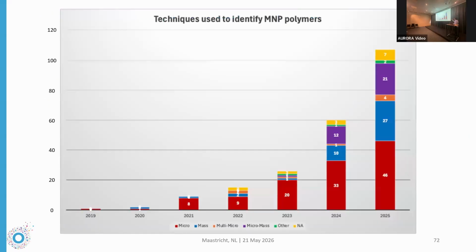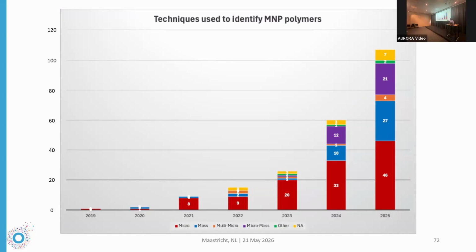And here I summarize the most commonly used techniques in human empirical studies published by the end of 2025 about assessing micro nanoplastics in human tissues. We can see a clear increase in the number of publications over time, mostly after 2023.